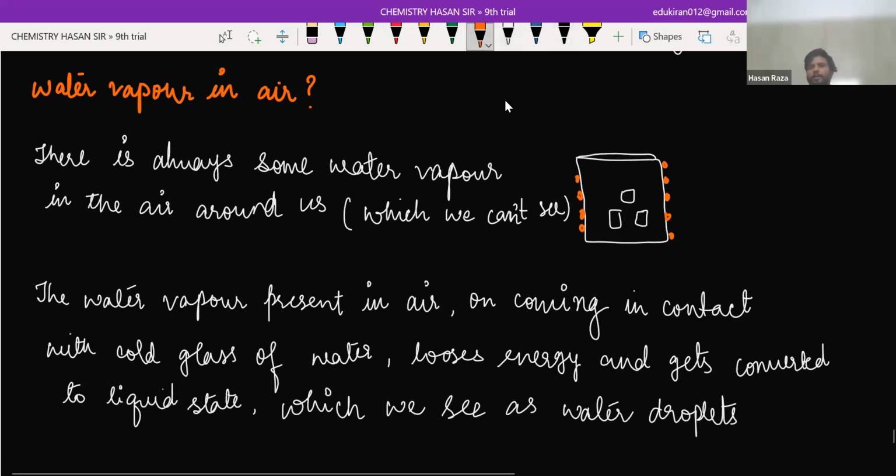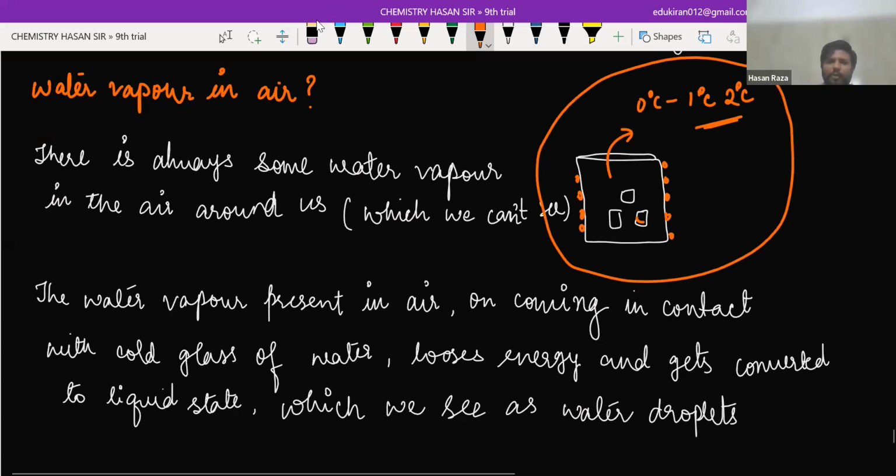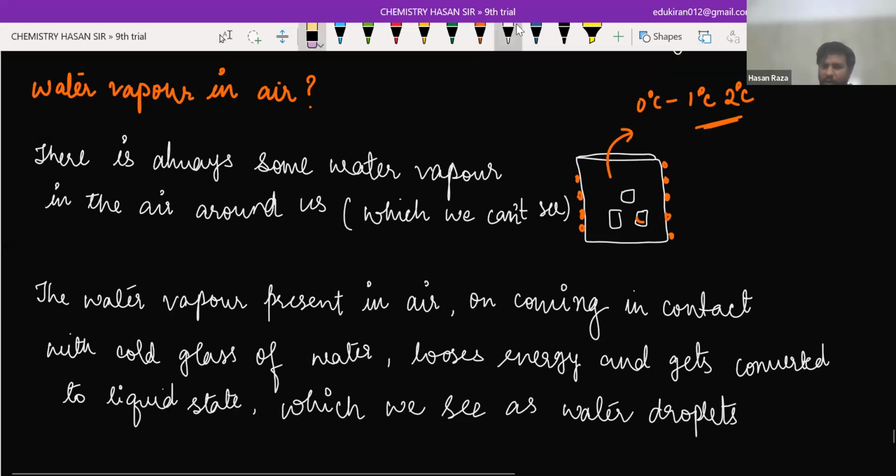See what happens. This is ice, so basically it has a temperature of 0, 1, 2 up to 5 degrees centigrade. The temperature will be very low when it is ice. You just take ice and put it in a glass. Now the surrounding room temperature is basically 25 to 30 degrees centigrade.